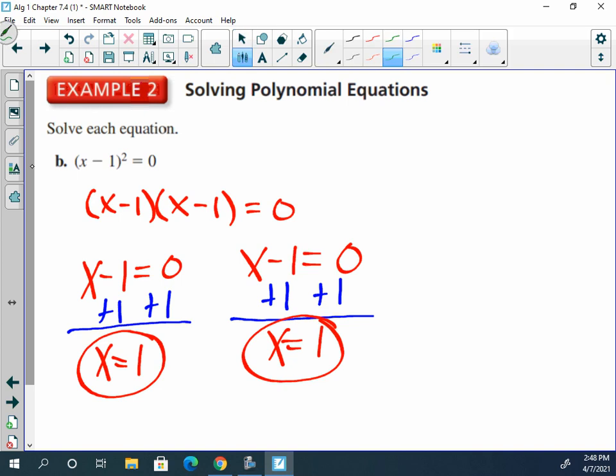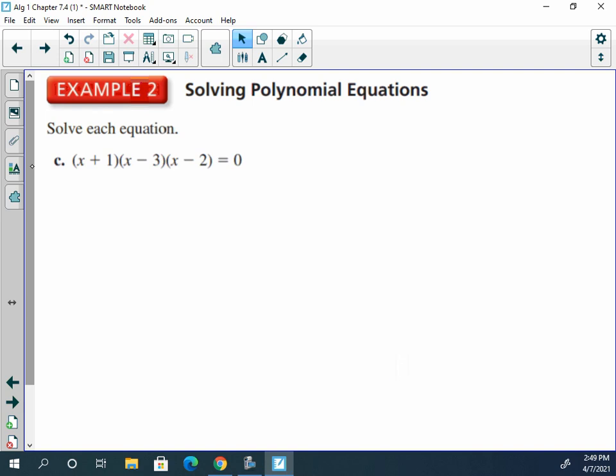So when we plug 1 in, we would have 1 minus 1 squared. If I have it as x minus 1 times x minus 1, I would have 1 minus 1, and it works out.